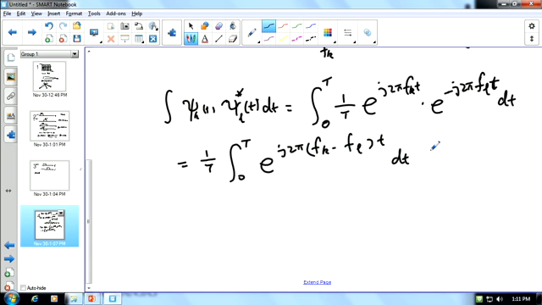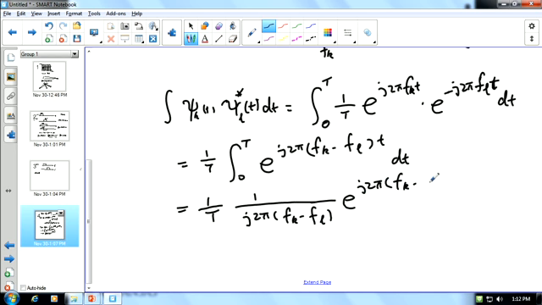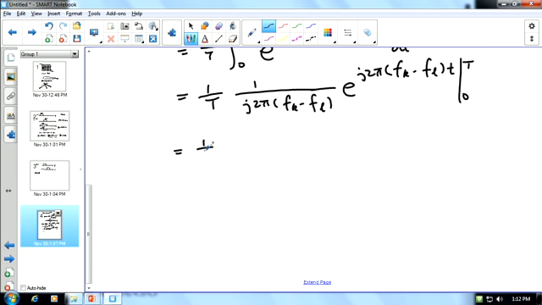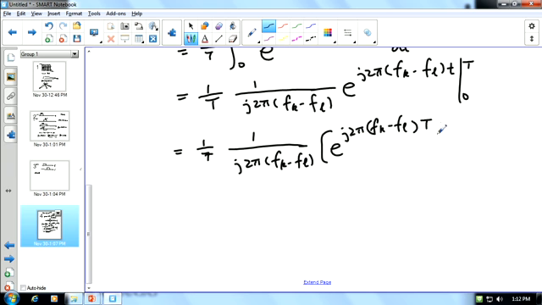So that's the integration of this exponential signal. And the integration of an exponential is simple. It's 1 over j2π(f_k - f_l), e^{j2π(f_k - f_l)t}, from 0 to capital T. Okay? 1 over T, 1 over j2π(f_k - f_l), times e^{j2π(f_k - f_l)T} minus 1.